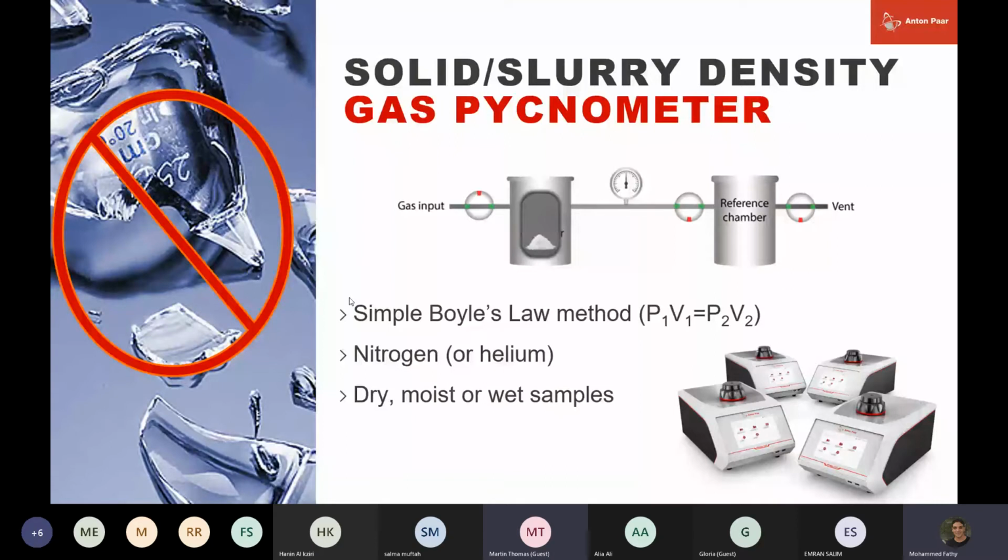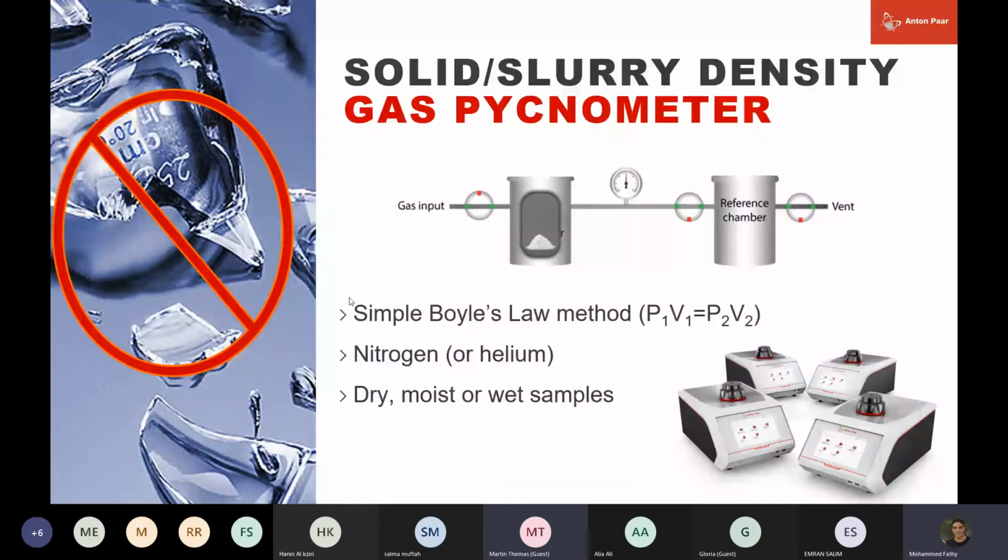So formulating muds and also well cement for cementing up the borehole. We have gas pycnometers to measure the density of these materials using dry gas.